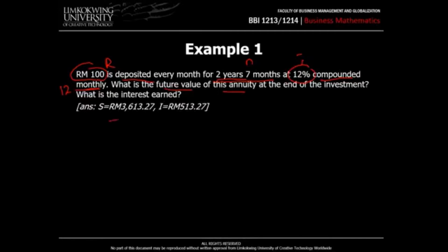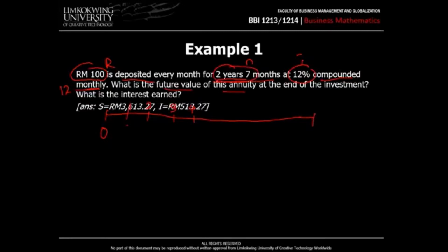If I draw the line, here there is no deposit and the annuity begins here, which is the first month, then the second month, third month, fourth month. For how long? 2 years 7 months.